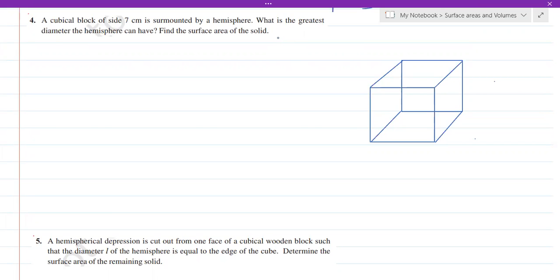Okay, the hemisphere, let's say this is the base, and the hemisphere looks something like this. The figure seems not to be so perfect, but I hope you guys can understand. So this is how the hemisphere looks like.